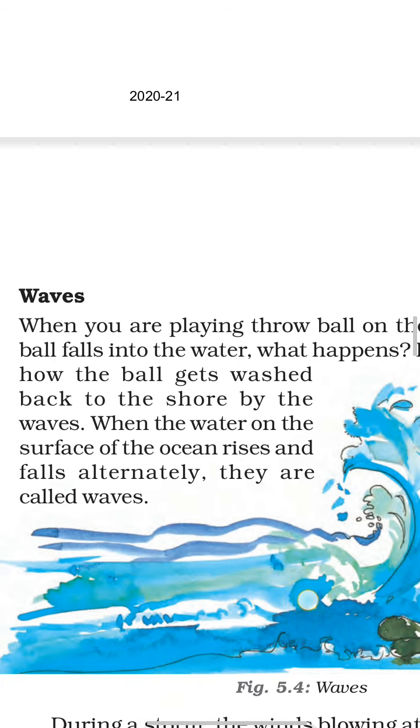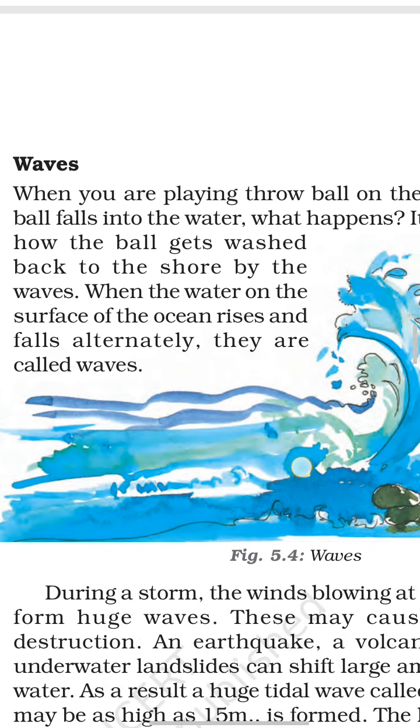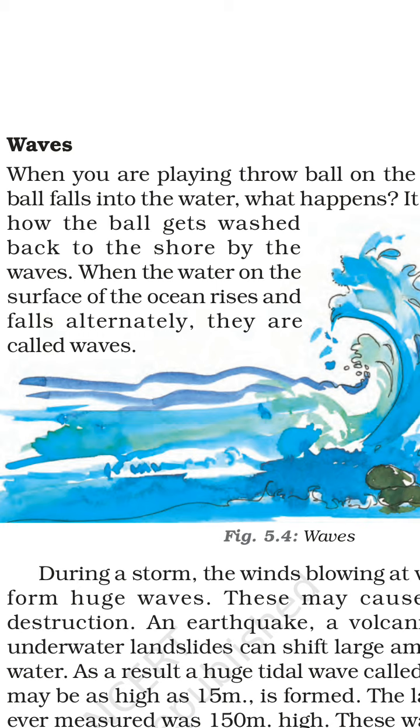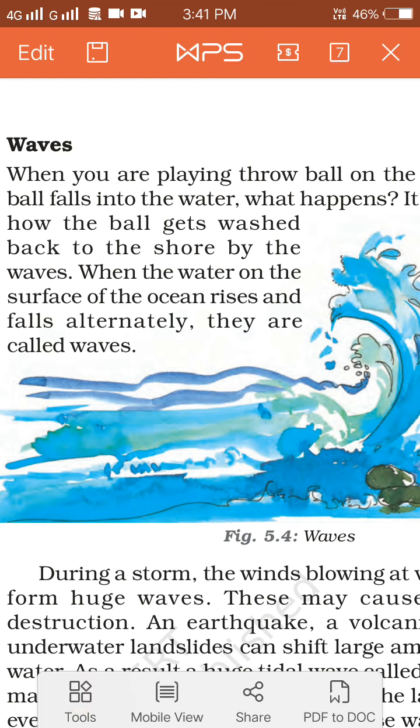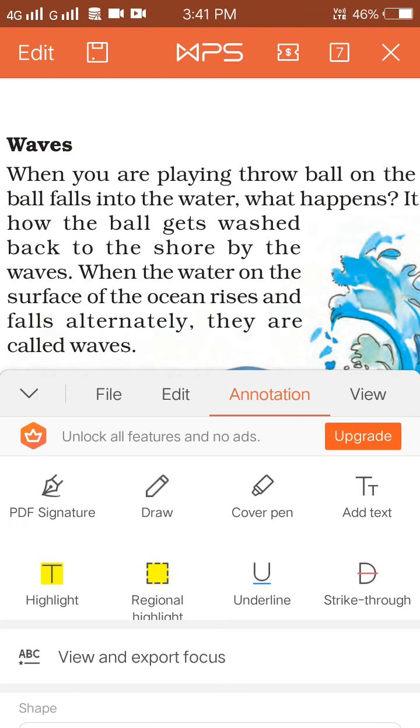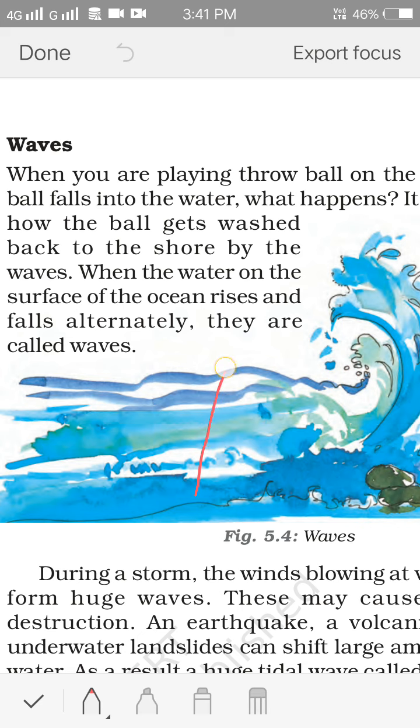When the water on the surface of the ocean rises and falls alternatively, they are called waves. During a storm, the wind blows at a very high speed and huge waves are formed.